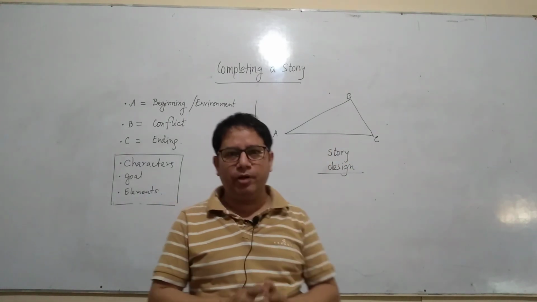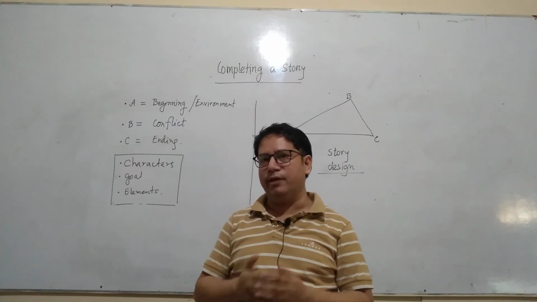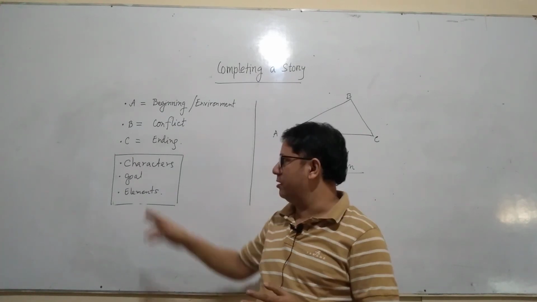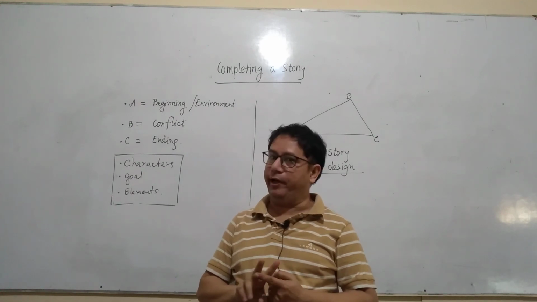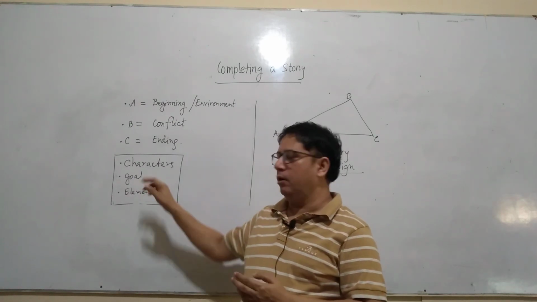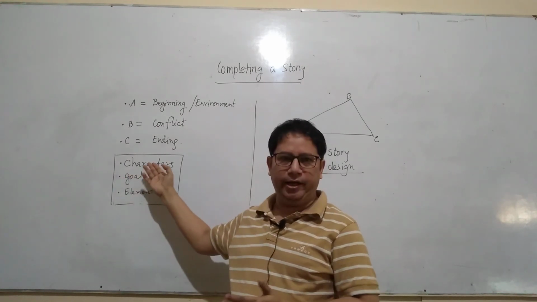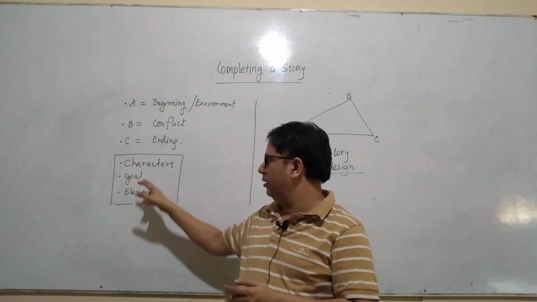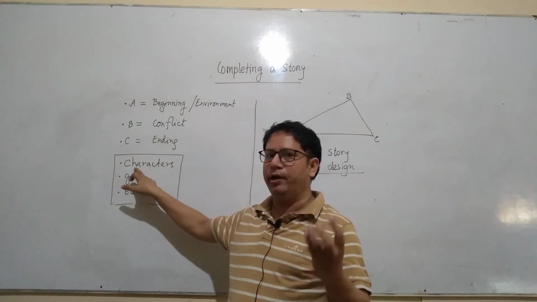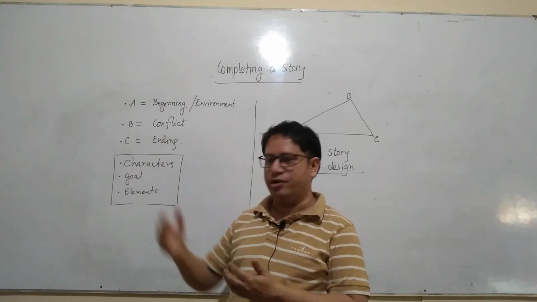So every story has, of course, characters. These are very important parts, characters. There must be a hero or a heroine, or a villain or anti-hero. These are the characters. Some supporting characters may be there. And every hero, every heroine has a goal or target to reach.